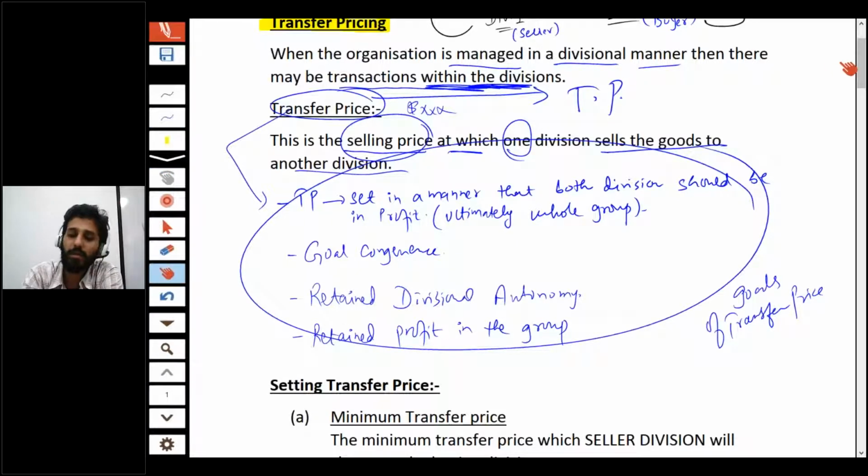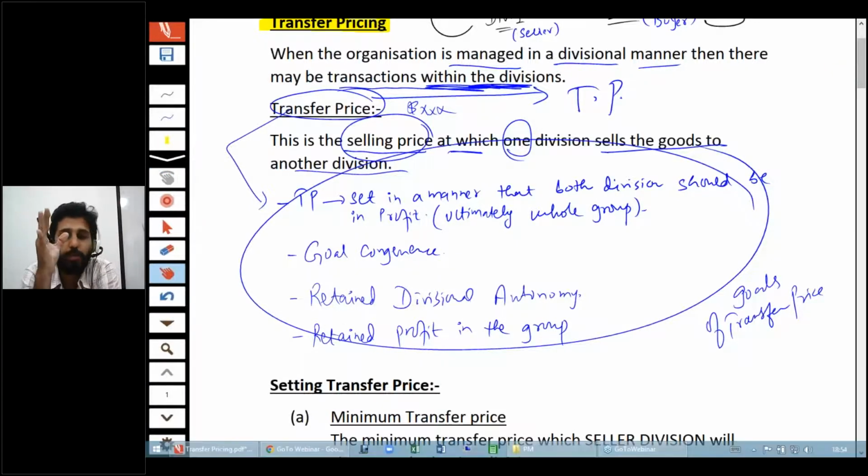This statement actually means that profit should be retained in the group. All right. So this is the point of retaining the profit in the group ultimately.